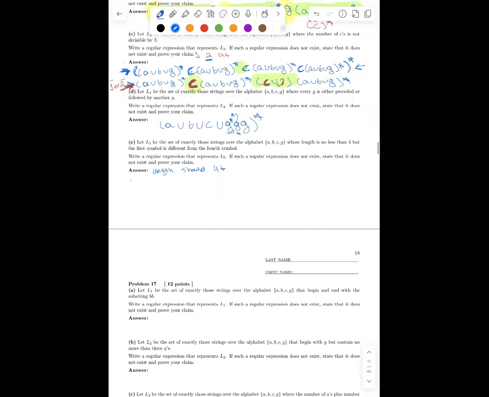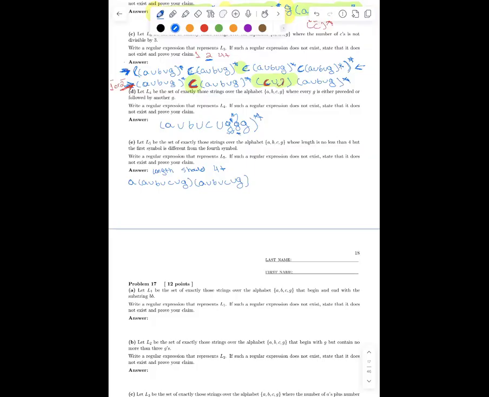So if I start with A, in between I can have A or B or C or G. I'm not using the Kleene star yet because I need to have 4. The length should be 4 and more. Then I can add another letter and have A or B or C or G.